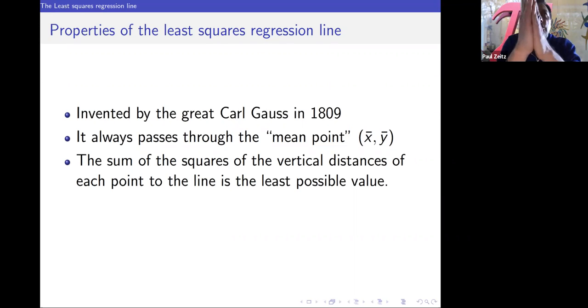Imagine each point in your scatter plot dropping down with a spring to your candidate for a best fit line, and then you just let go and wait for that line to stabilize. It will stabilize in the position of least energy, and that will be what is mathematically called the regression line.